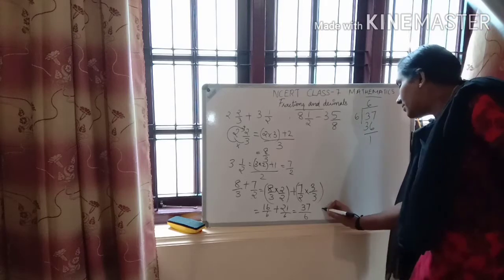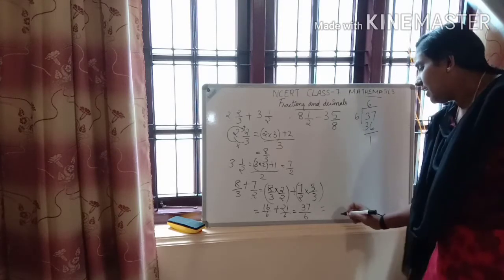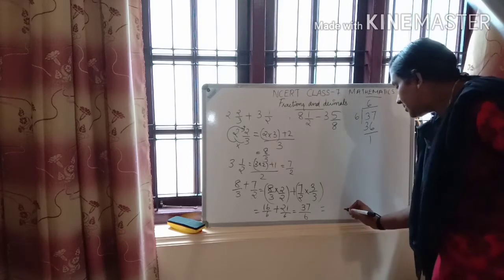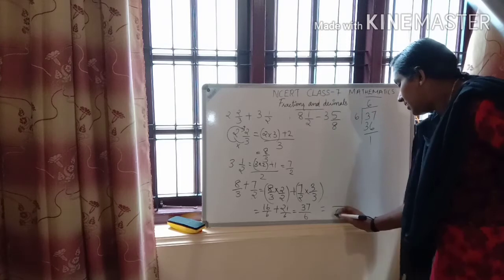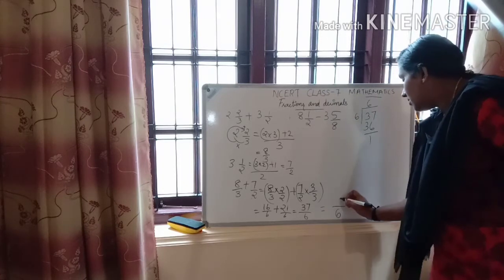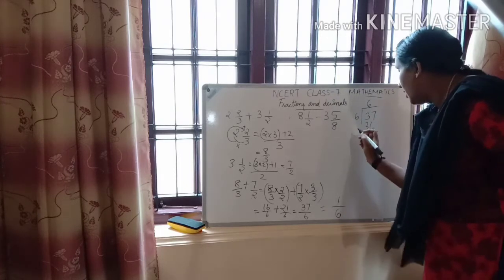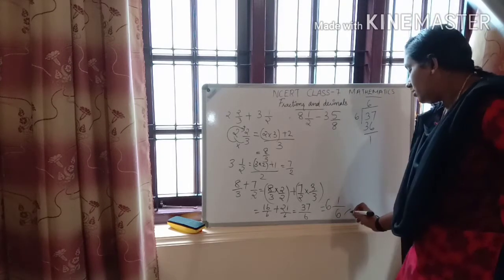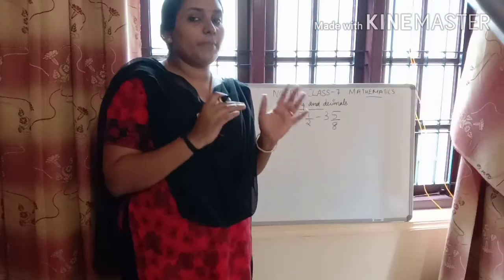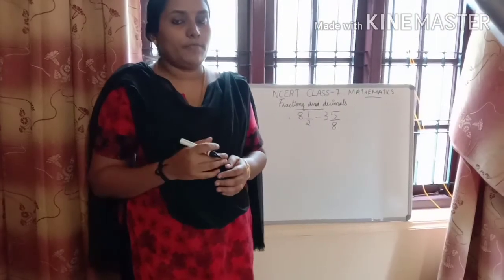So we can write this with the denominator 6 the same, the remainder 1 as the numerator, and the quotient 6 as the whole number: 6 1 by 6.